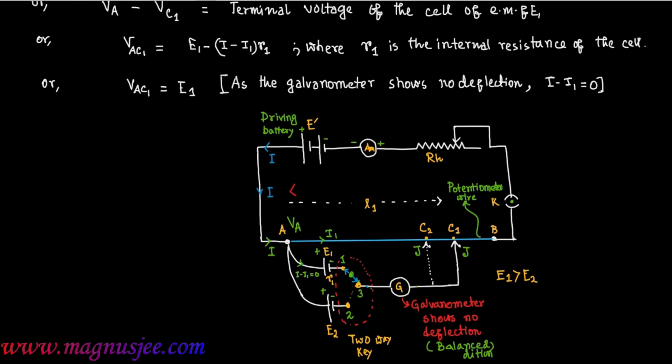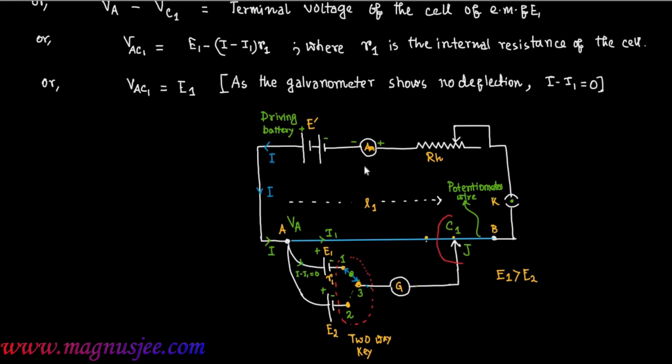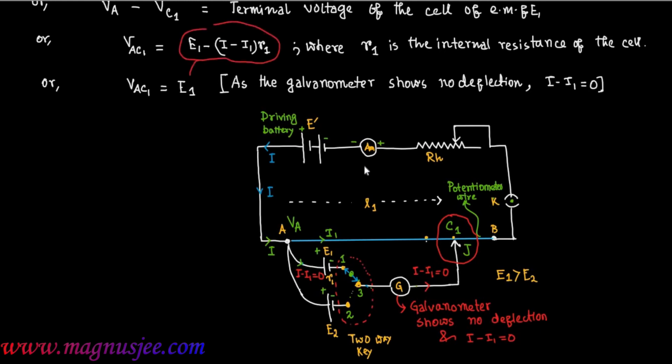That means no current will flow through the arm AE1C1 containing the cell of EMF E1, because the galvanometer G shows no deflection.